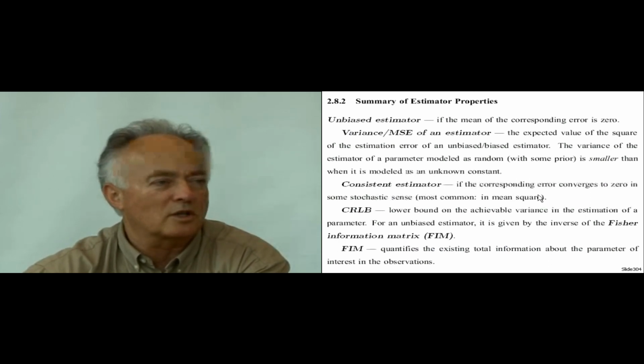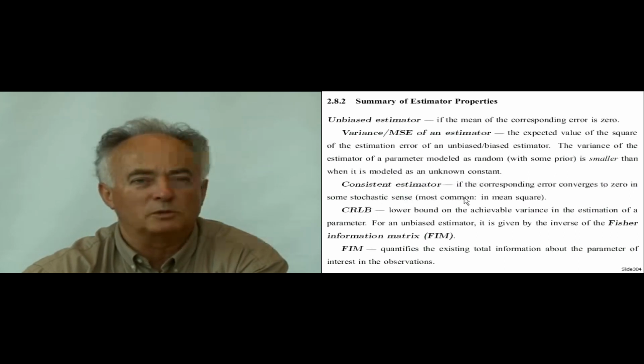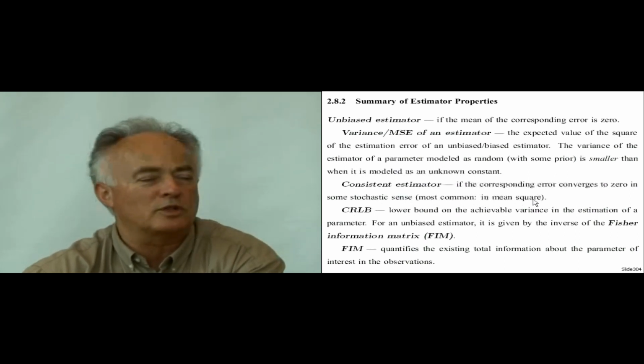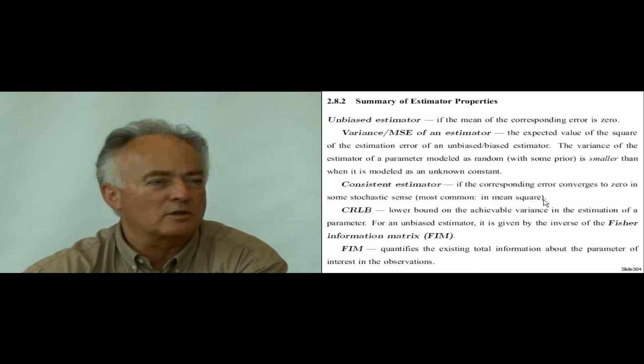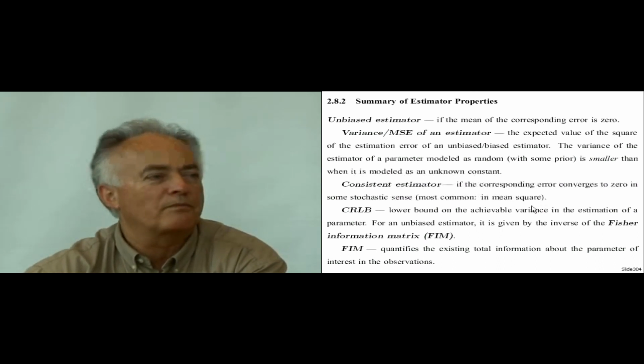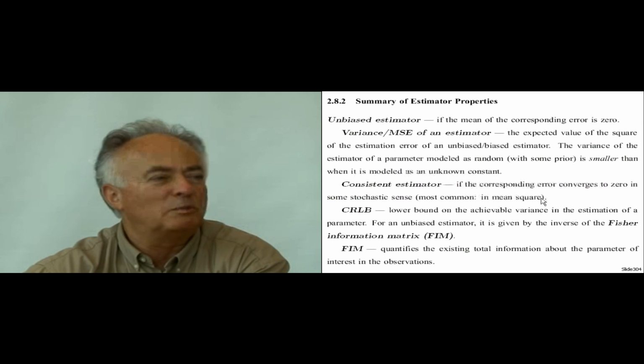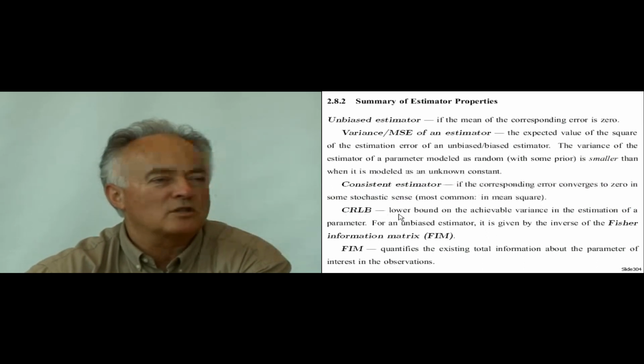In some stochastic sense, the most common is in mean square, the others in probability, with probability 1, which are discussed in more specialized, more advanced probability courses. The Cramér-Rao lower bound is a lower bound on the achievable variance in the estimation of a parameter.